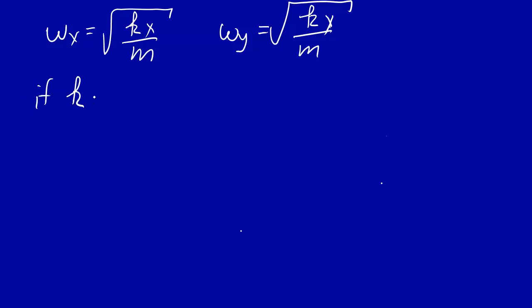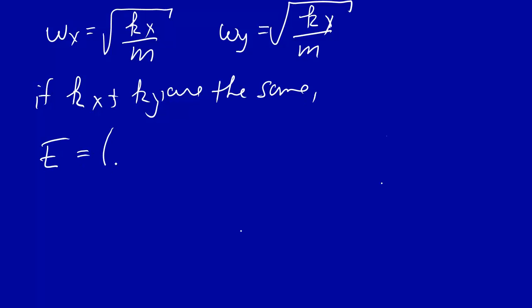So if the spring constants kx and ky are the same, then the total energy will be nx plus ny plus 1 times h bar omega, where now omega is either this or this. It's the same thing because the spring constants are the same. Now let's see. Forgot an h bar there. Don't forget the h bar.